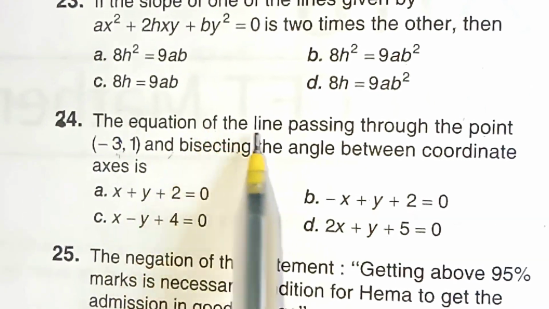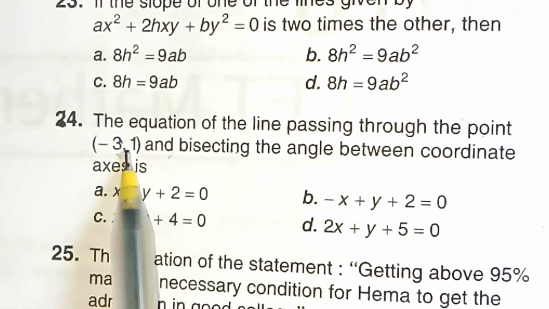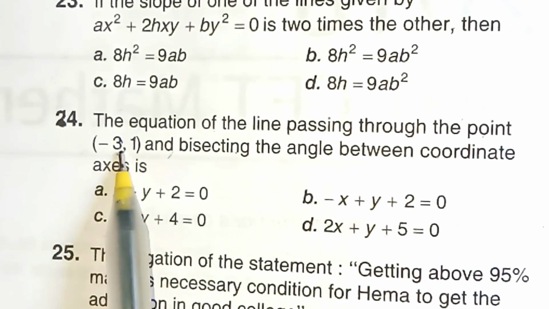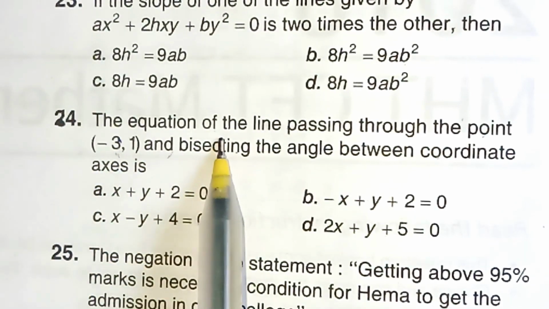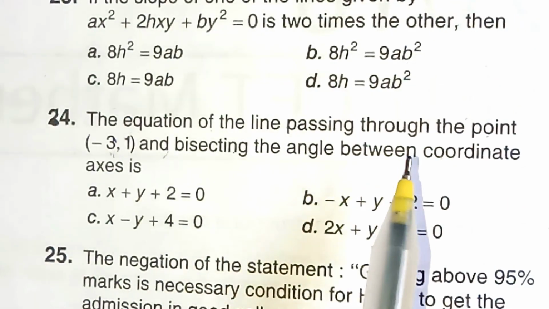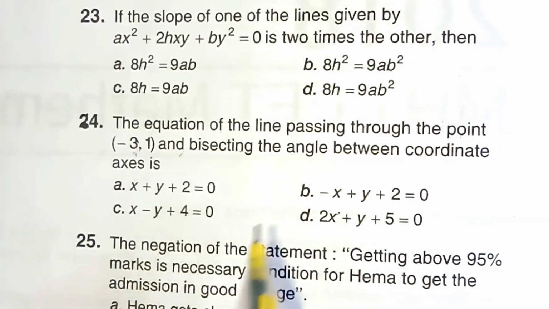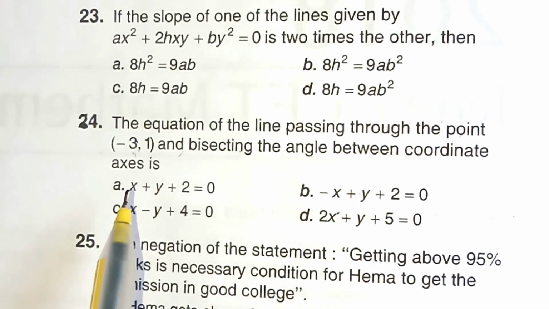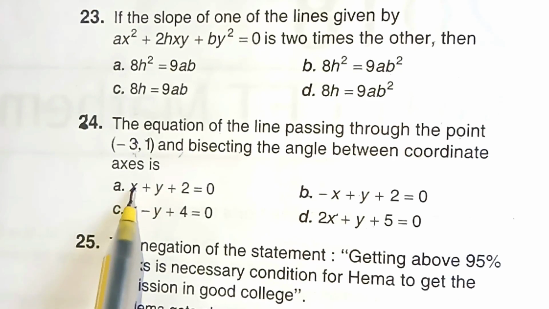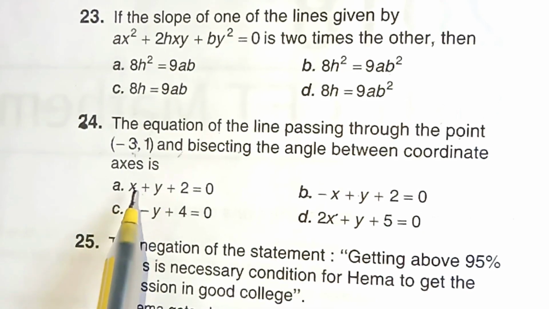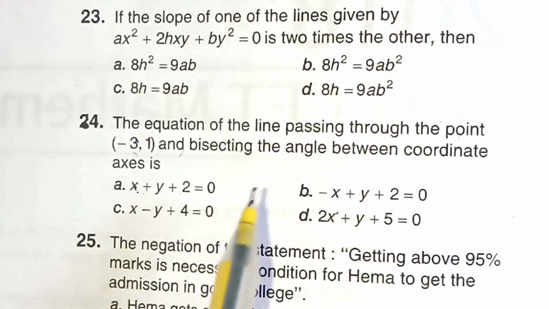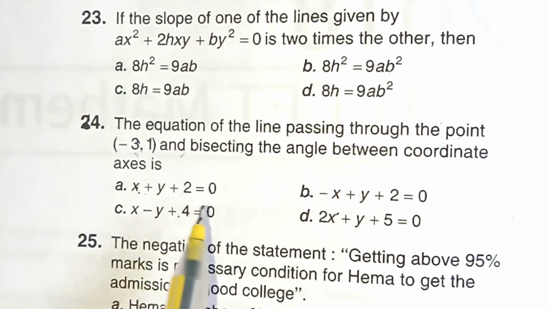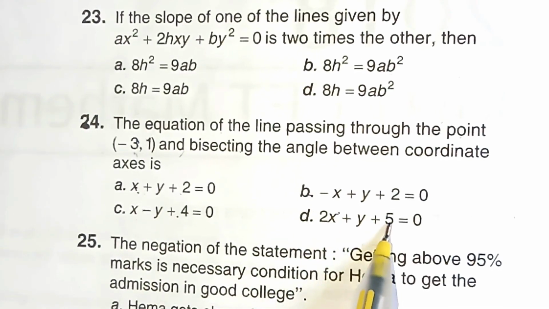What is given? The equation of a line passing through a point. We have the x and y axes, and there exist the points negative 3 and 1. So the line passes through that point and bisects the coordinate axes from the middle, and we have to figure out which option is correct among A, B, C and D. First option x plus y plus 2 equals 0, second option negative x plus y plus 2 equals 0, third x minus y plus 4 equals 0, and fourth 2x plus y plus 5 equals 0.